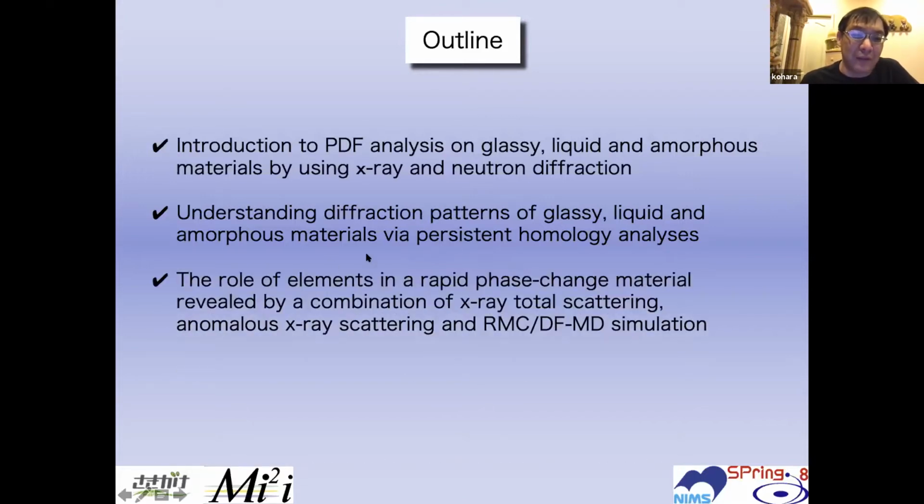And then I would like to move on to the last topic, phase change materials. Actually, I worked with Bob, the previous speaker, for a long time, but mostly 10 years ago. We combined measurement and DFT-MD simulation, and we published several joint papers.